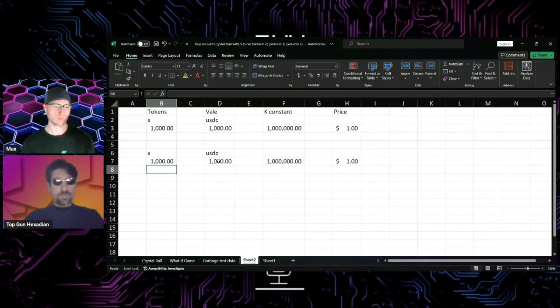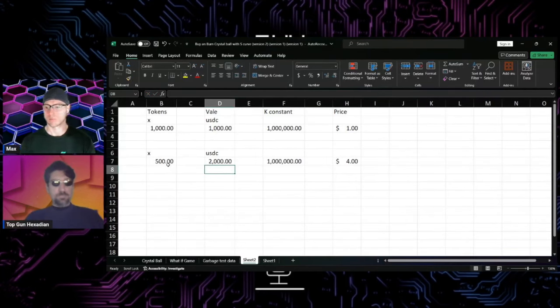But now let's assume somebody comes by and they want to buy token X because it looks nice and juicy, and they're using the V2 math. This is where slippage comes in, and this is how it works. So they decide, hey, I've got $1,000. It's $1 a coin. That sounds like I can get $1 a coin. I'm going to dump it in there. That means now we have $2,000 over on the USDC side.